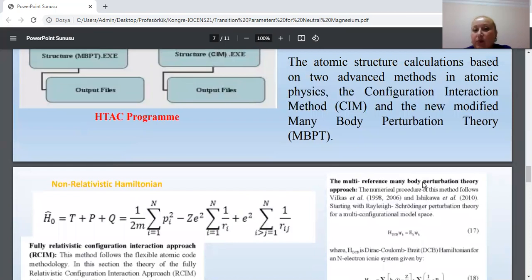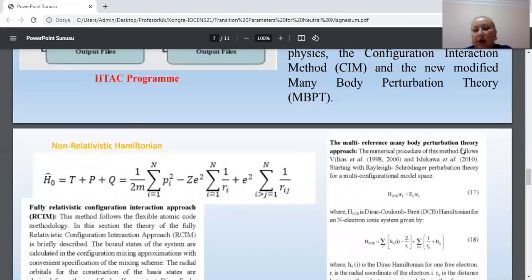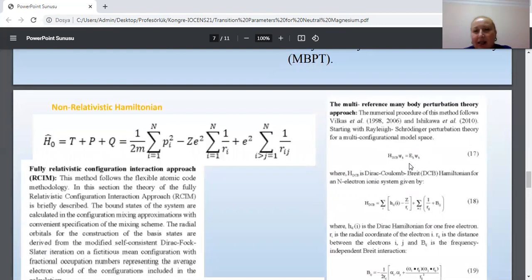And also the multi-reference many-body perturbation theory approach. The numerical procedure of this method follows Wilkes et al. and Ishikawa et al., starting with Rayleigh-Schrödinger perturbation theory for a multi-configurational model space. You can see HPC, EPC here.